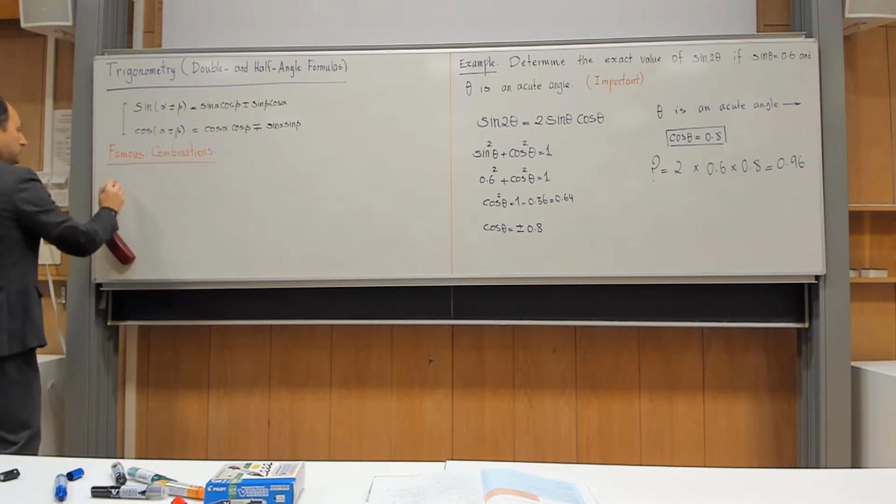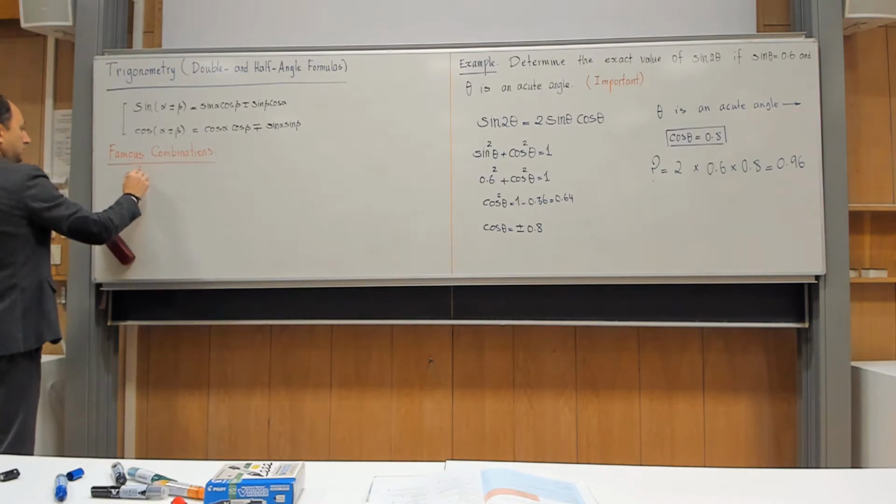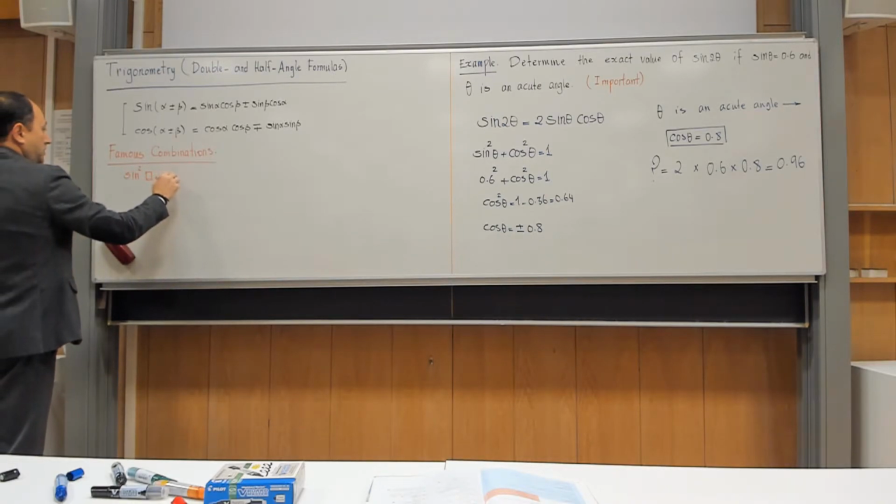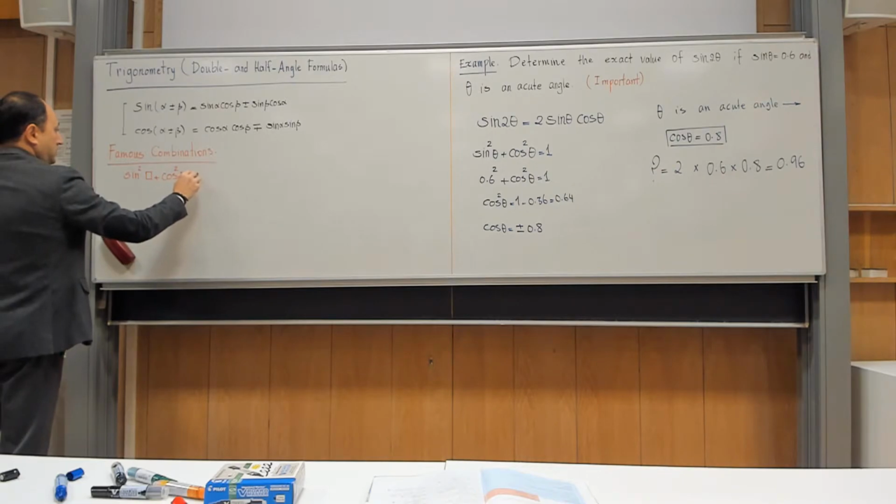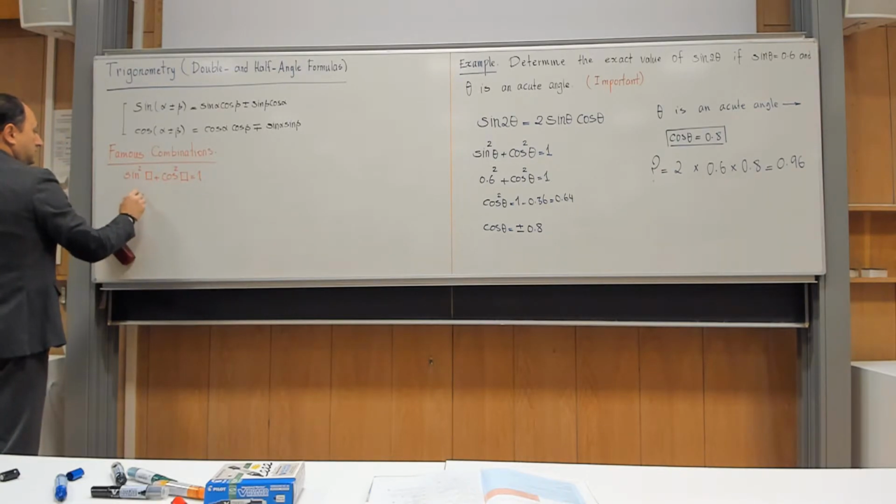Okay, so one famous combination is sine squared box plus cosine squared box is equal to 1. So you can immediately write that this is also a famous combination.